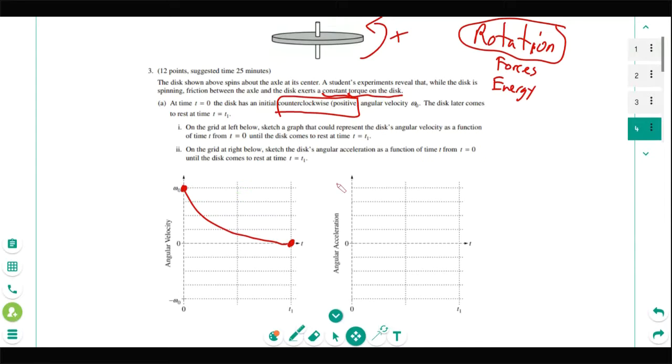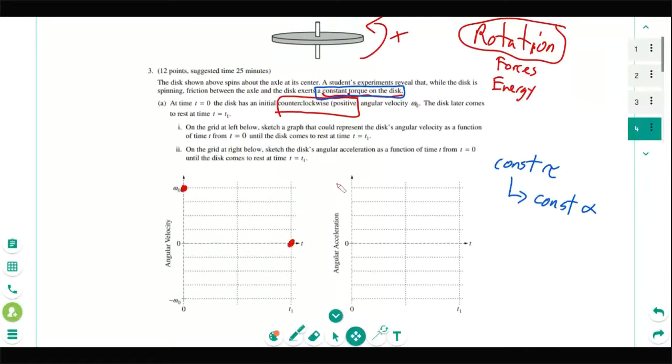So let's talk about what's going on here. And I'm going to do big picture. Yeah, okay, so now we're reading through the question. And the idea here is that this torque is constant. A constant torque means that we must have a constant acceleration.